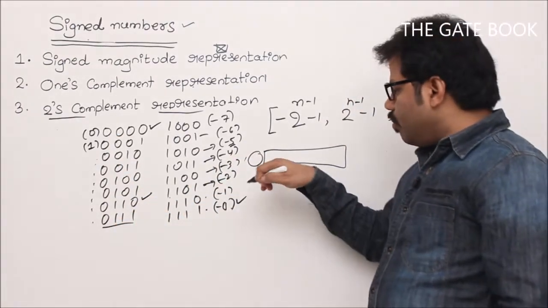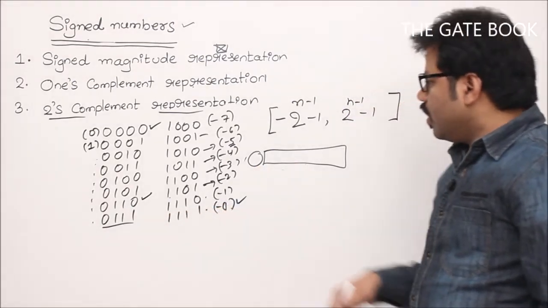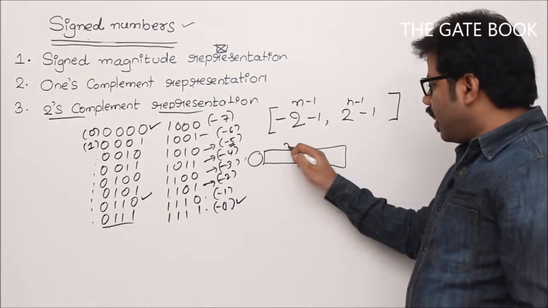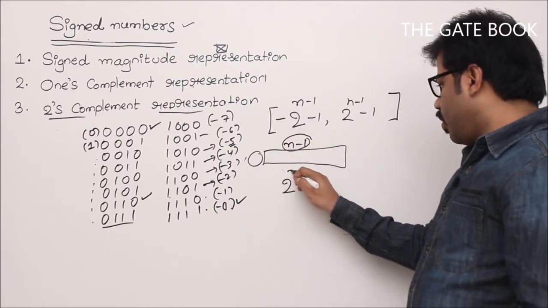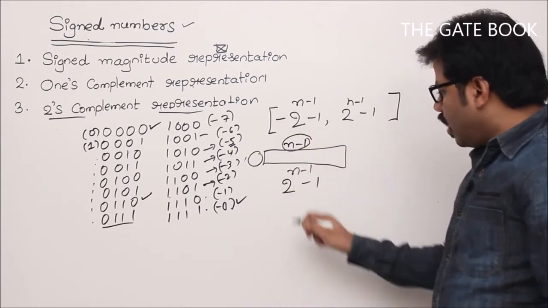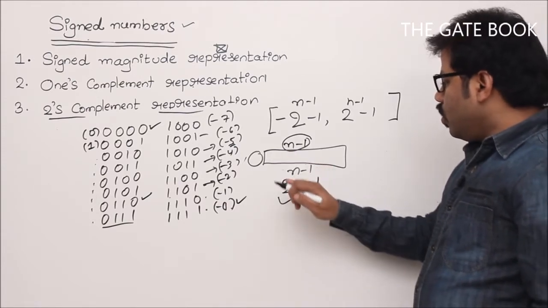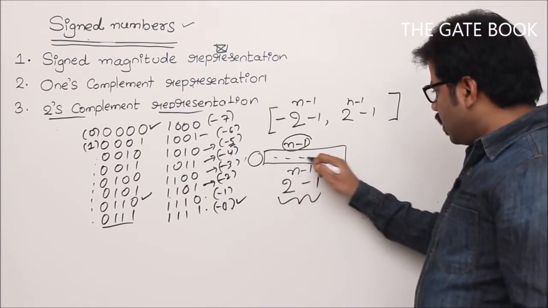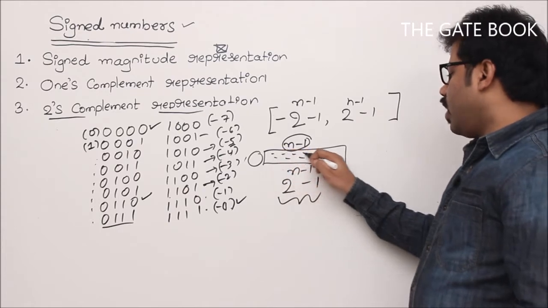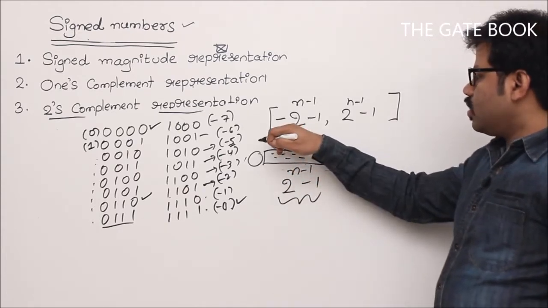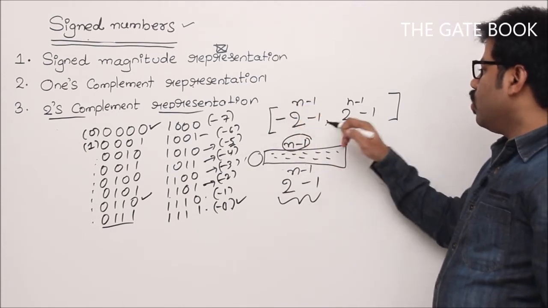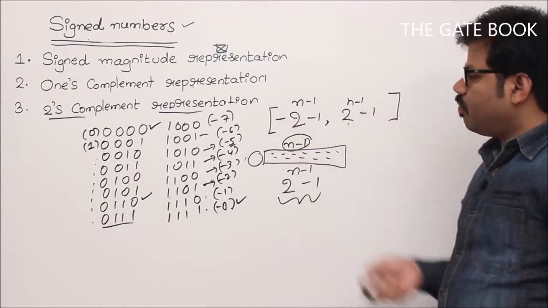With the remaining n minus 1 bits, how many patterns can we generate? 2 to the power of n minus 1, minus 1 patterns are positive and the same number are negative. That's it.